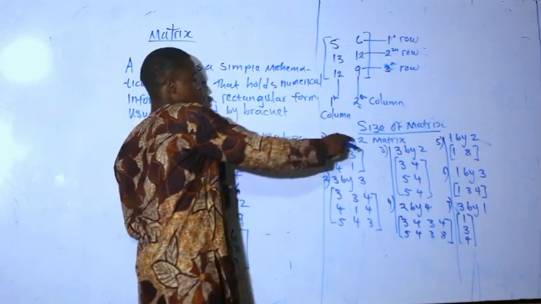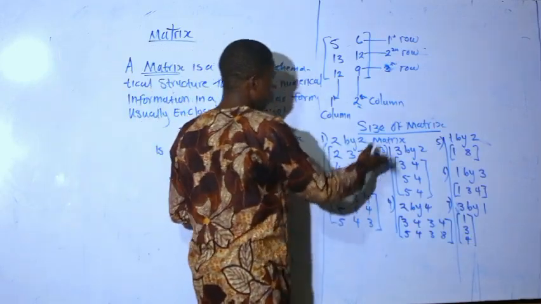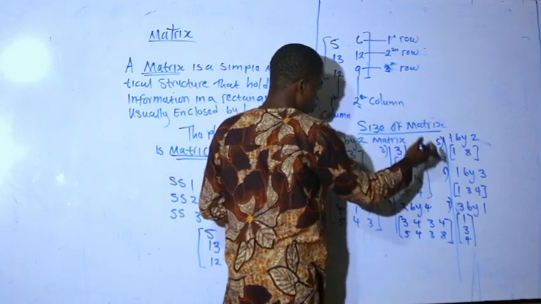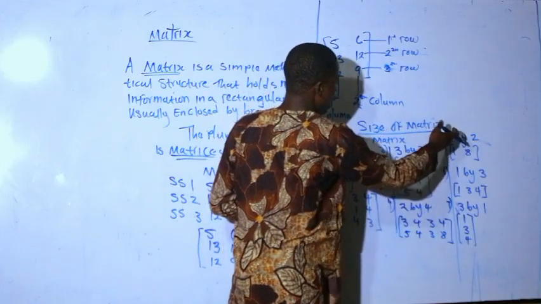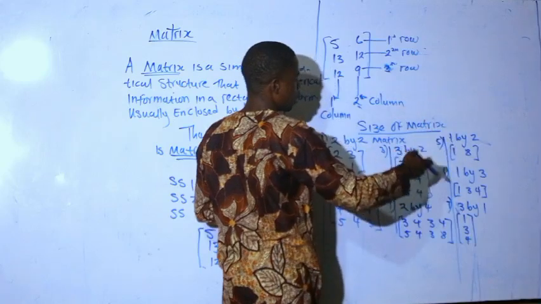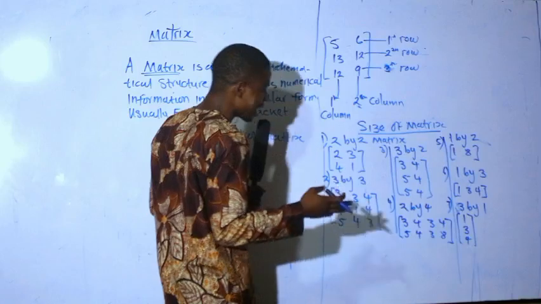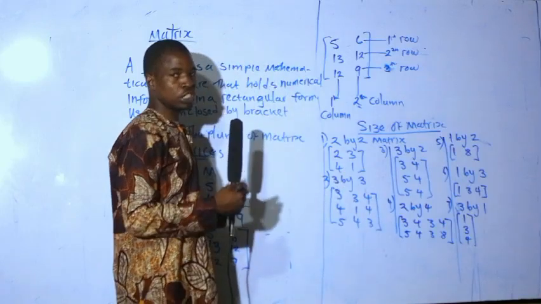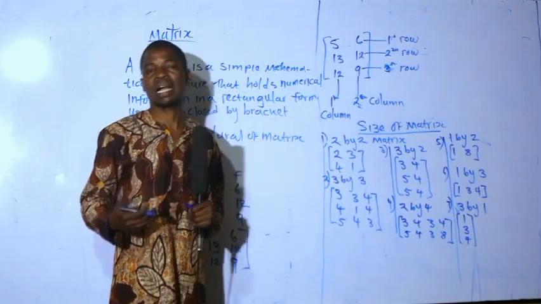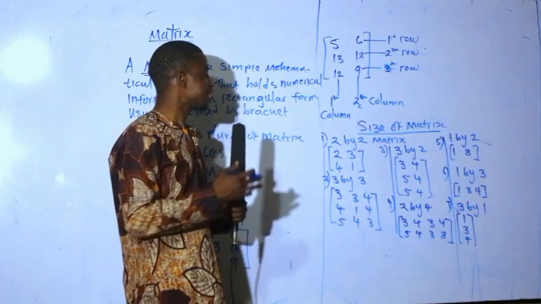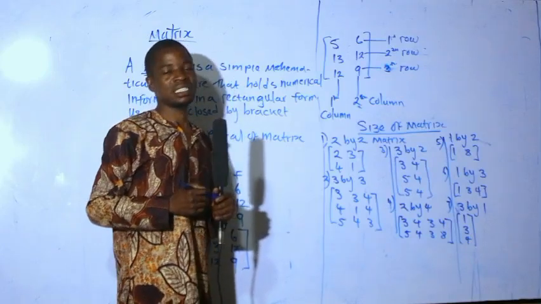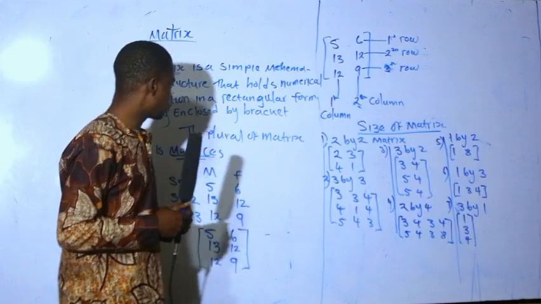We have 2 by 2, 3 by 3, 2 by 4, 1 by 2, 1 by 3, 3 by 1, and so on and so forth. It is important to know how to calculate and to know the size of the matrices that they are giving you.